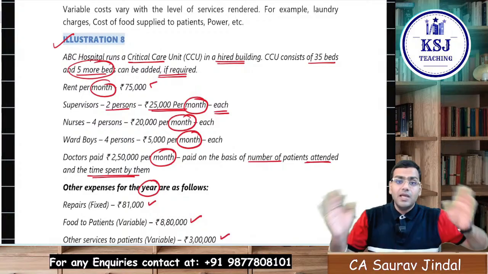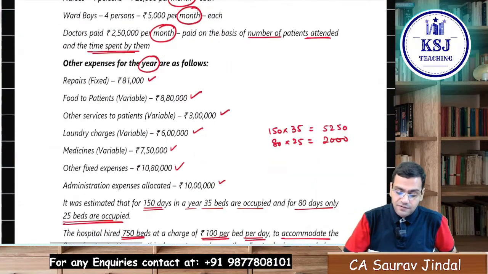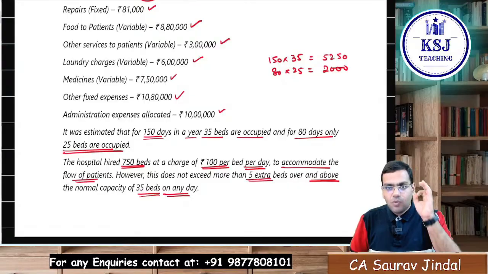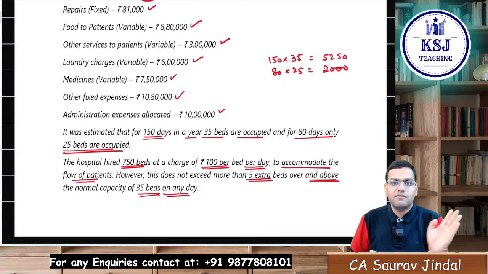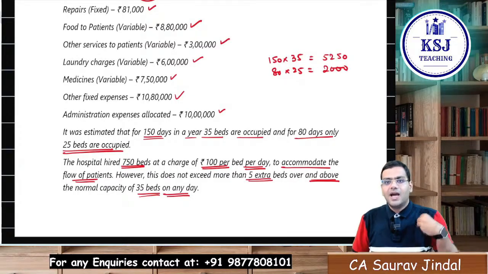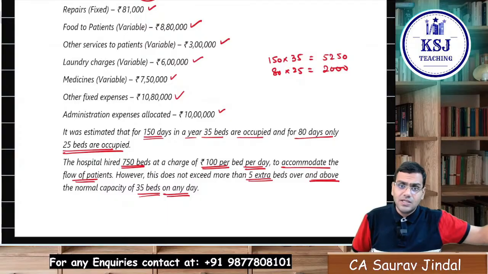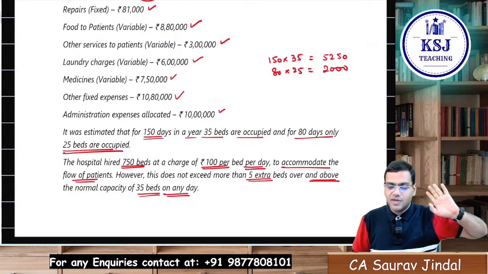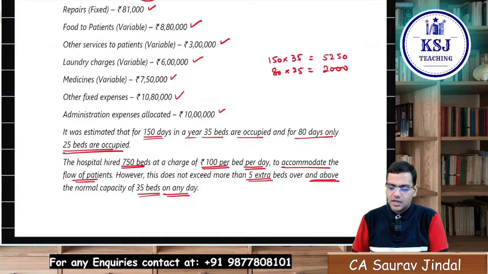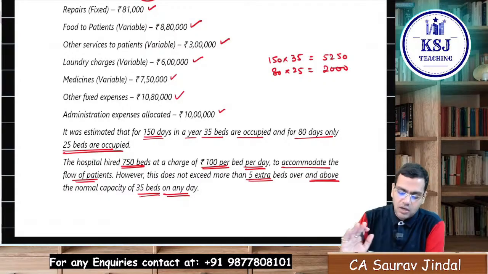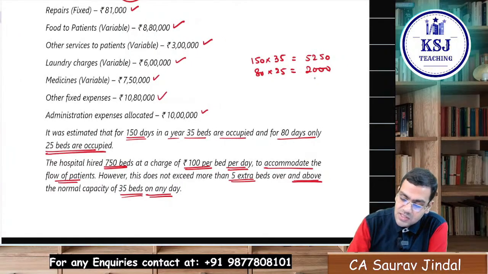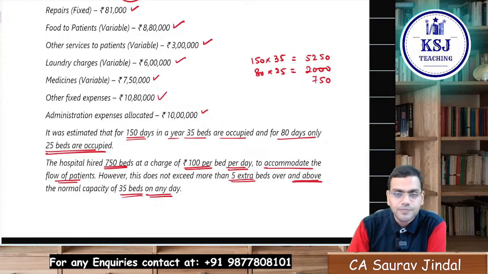So in the whole year, the hospital hired 750 beds, but at any one point of time, it was not more than 5 beds, right? Like today I hired 5 beds, then after 1 month again I hired 5 beds, right? I returned those 5 beds in between, because that is the space constraint. So all in all, in the whole year, they have hired 750 more beds, right?